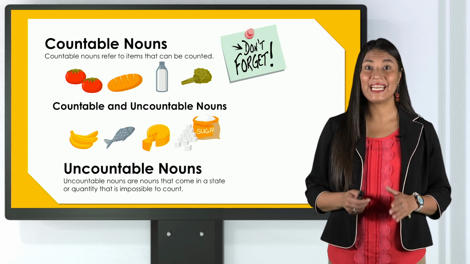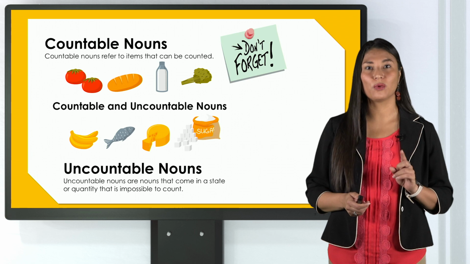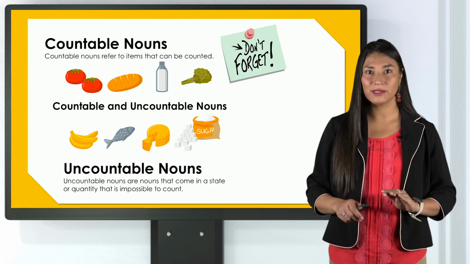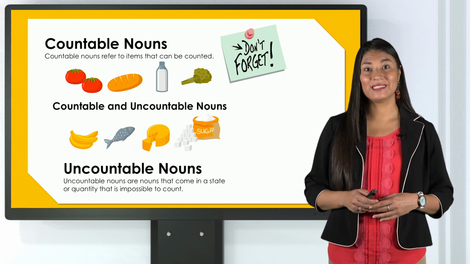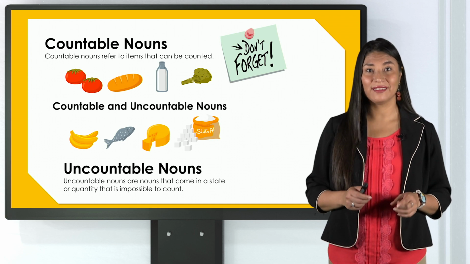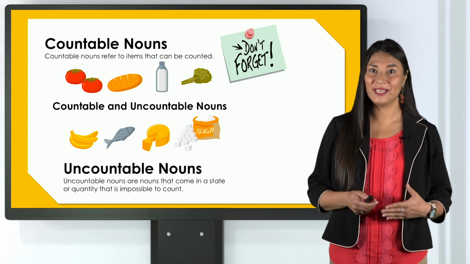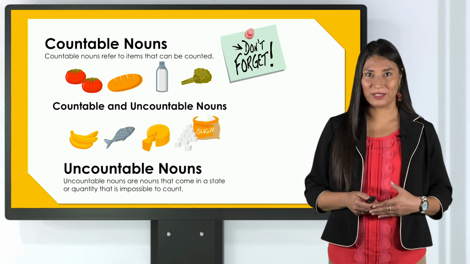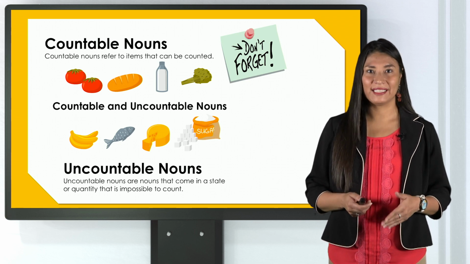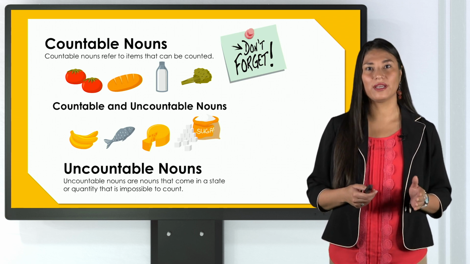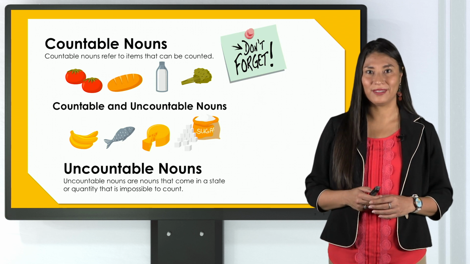Uncountable nouns are nouns that come in a state or quantity that is impossible to count. Liquids are uncountable, as are things that act like liquids. Sand and air are other examples. Abstract ideas like creativity or courage are also uncountable.